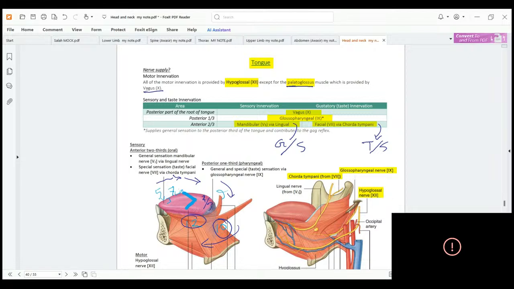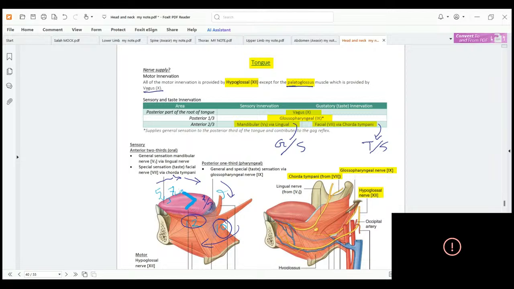If we look from the tip of the tongue, 5, 7, 9, 10, and 12. These are the nerve relations of the tongue. 5 is in the tip of the tongue.